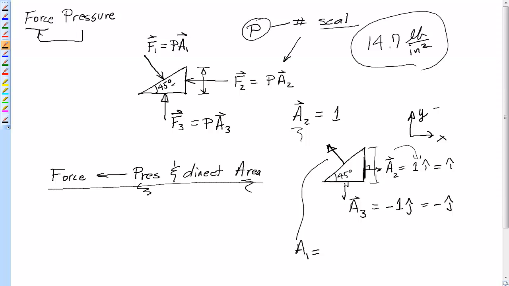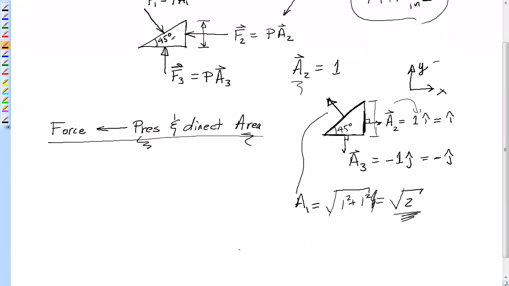So this distance obviously looks larger than that distance, and it turns out to be the square root of 1 squared plus another 1 squared, square root of 2. Now I forgot my dimensions here. That's the length, or the magnitude, of that area. But that is not the vector component.